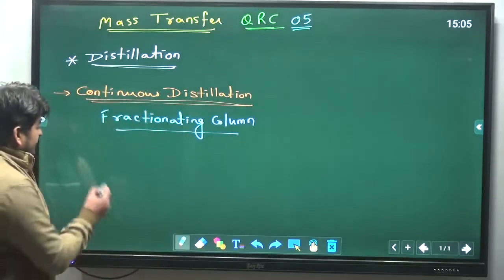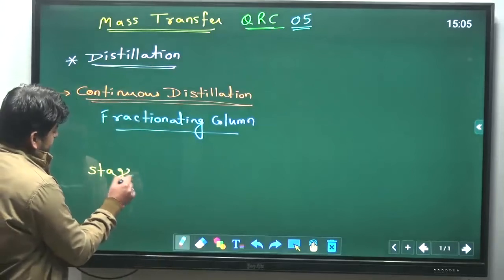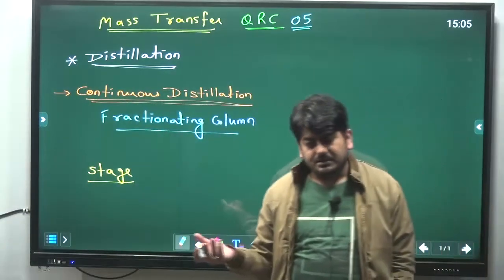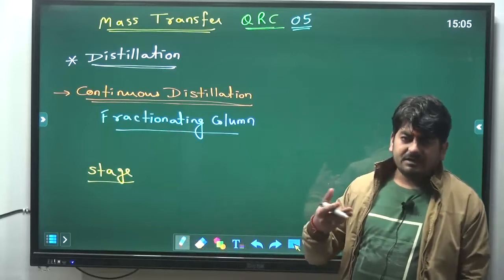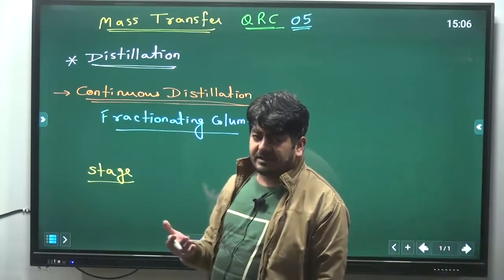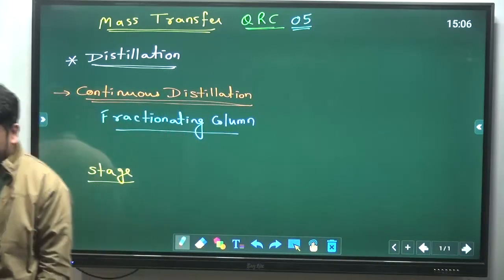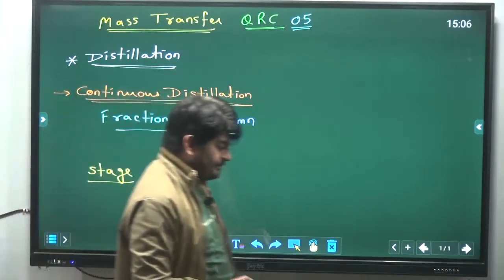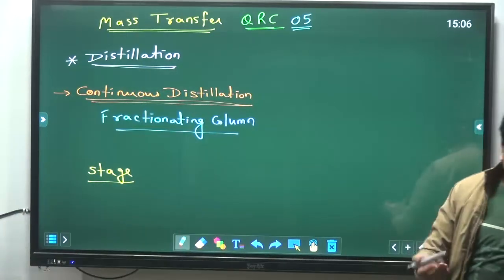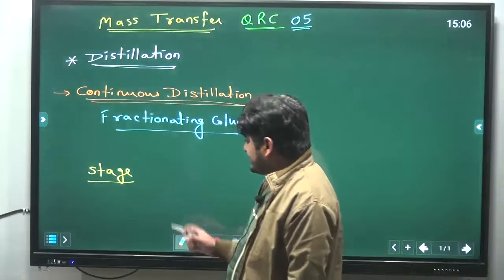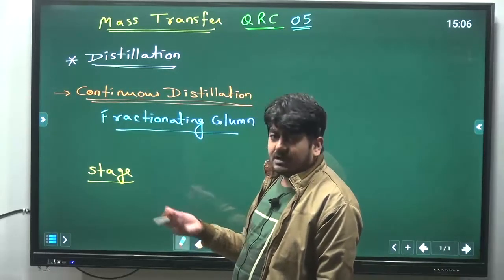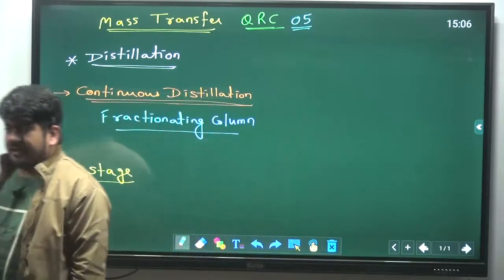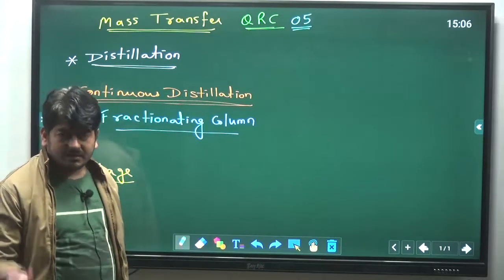Okay, so here if you remember what stage means, stage is any space or region of the equipment or the vessel where the feed is going in and separating into two parts, liquid and vapor, and those liquid and vapor leaving the space are supposed to be in equilibrium.